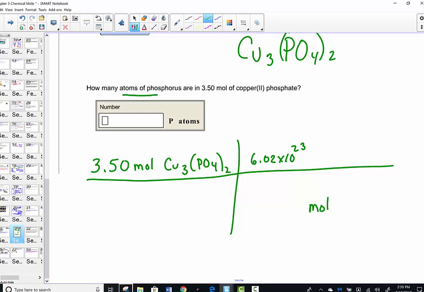And that's an Avogadro's number, right? Counting is Avogadro. And what I'm counting is this ionic compound. Anytime you crisscross charges, they're built of ions, and their building blocks are called formula units. The compound is called a formula unit. We know that there's an Avogadro's number of copper 2 phosphate formula units per mole.